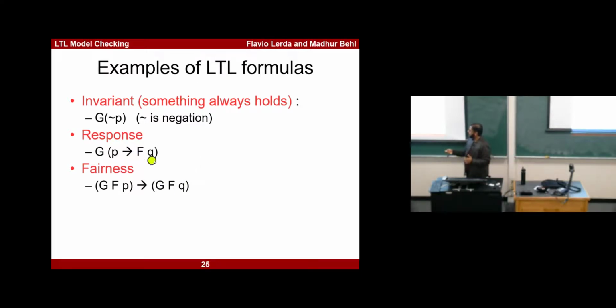P implies eventually Q means if we see a P, eventually we will see a Q. And this must always be the case. So whenever we see a P, it will eventually be followed by a Q. And that can be interpreted as a response: if a processor job is requesting access to the CPU, eventually it will be granted. And this must always be the case. So every request must be eventually accepted for some system that you are modeling.